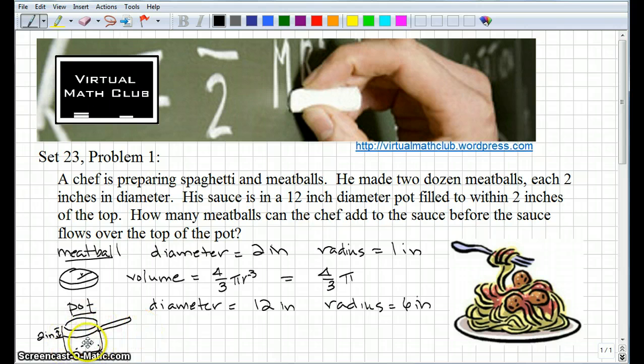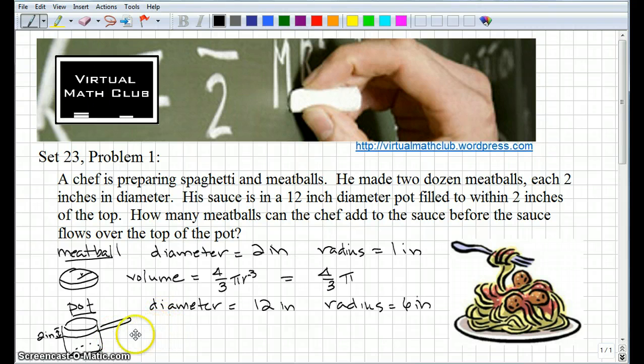We really don't know what the volume of sauce is, and we don't really care too much as long as we've got plenty of sauce to cover all the meatballs. What we want to know is how many meatballs can we add until all this empty space is filled, and then you add one more meatball and it's going to flow over the top, right? It's going to spill and make a mess. We don't want to do that.